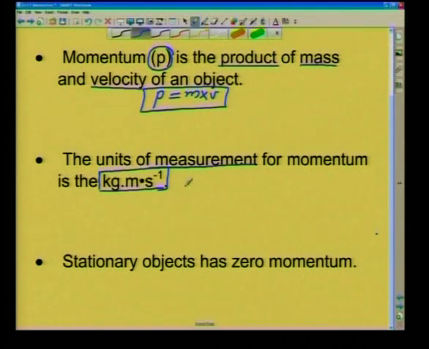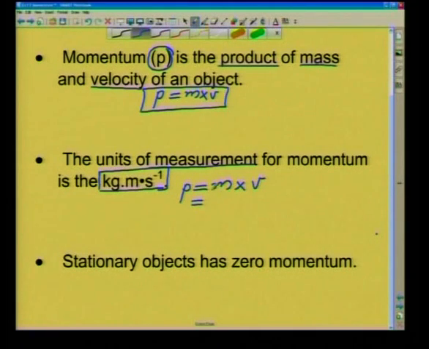Remember, we've got p as a symbol for momentum, and we're saying it's mass times velocity. If we were to substitute the unit of mass and the unit of velocity and see what the unit of momentum is going to be, we get to know that kilogram meters per second is the unit for momentum.